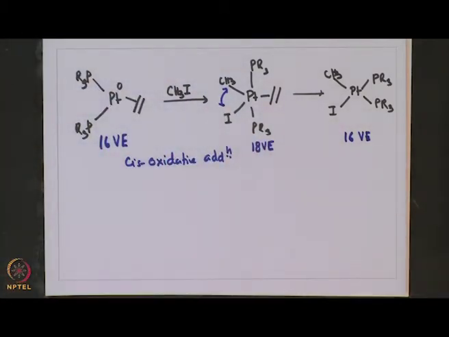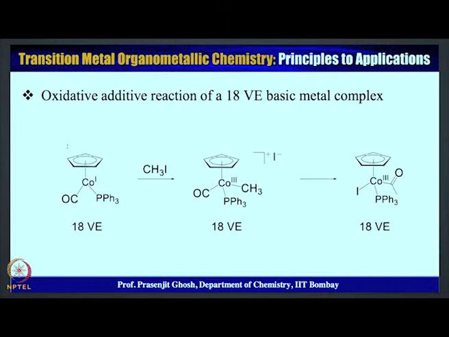So, oxidative addition requires an electron rich metal center. Now, if we look at various examples of oxidative addition, it would seem that the complex should have electronic unsaturation, that is, its total valence electron count should be lower than 18, at least by 2 valence electron units.